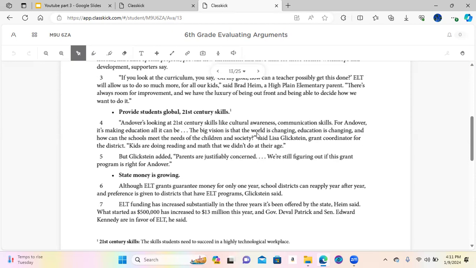The big vision is that the world is changing, education is changing, and how can the schools meet the needs of the children and society, said Lisa Glickstein, grant coordinator for the district. Kids are doing reading and math that we didn't do at their age. But Glickstein added, parents are justifiably concerned. We're still figuring out if this grant program is right for Andover.